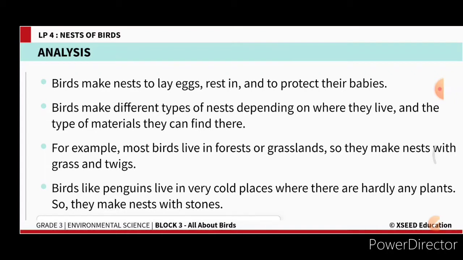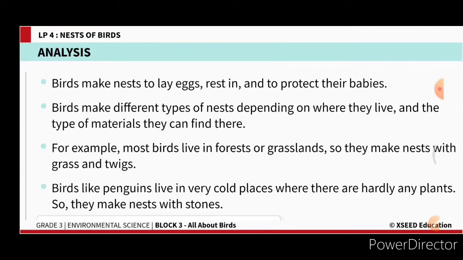Second point, birds make different types of nests depending on where they live and the type of materials they can find there. So what kind of material is found around? Okay, in that region they select and they make such type of nests.